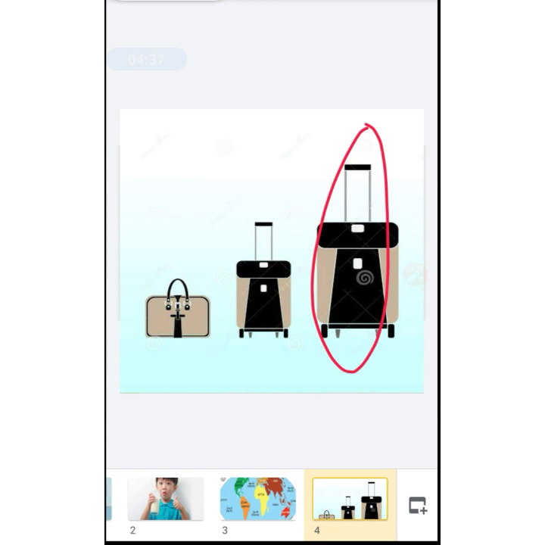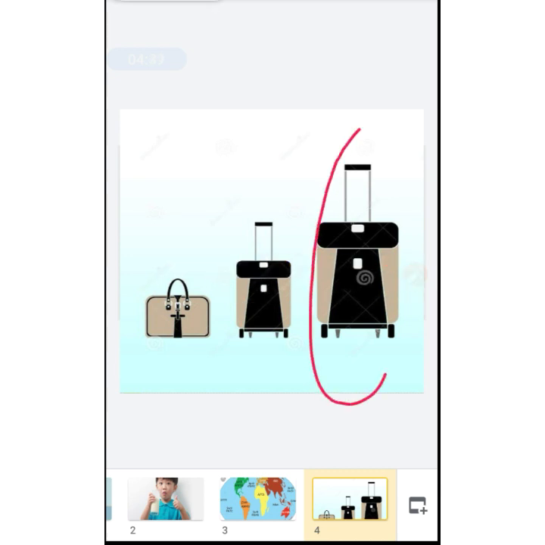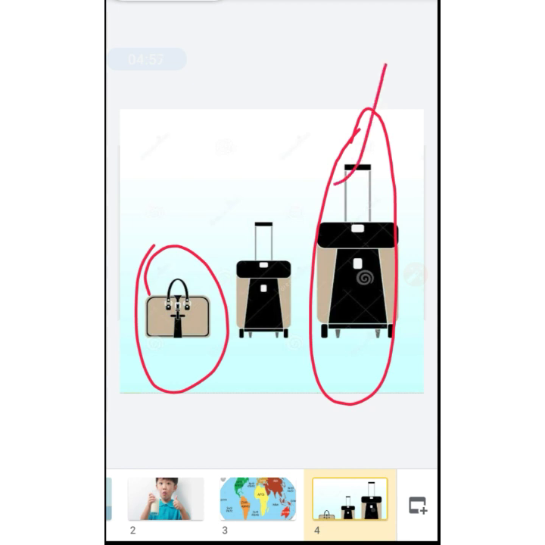That means your sibling has to load more luggage than you, because your luggage is small, so you can hold less things, so your luggage is lighter than your sibling's.